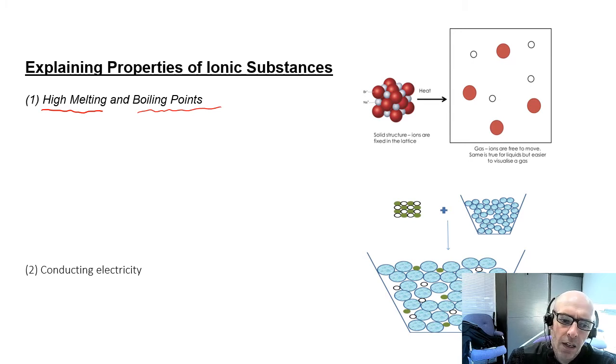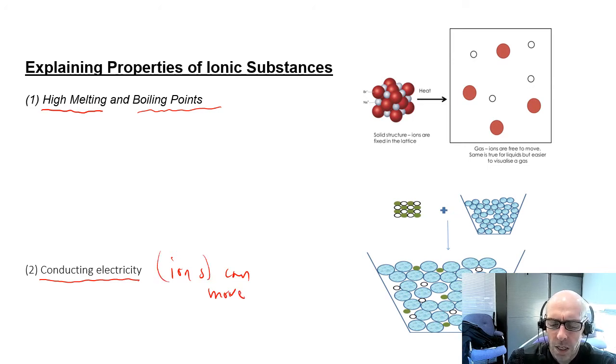And then if they're a liquid, the ions can move, and that means it can conduct electricity. So the ions can move when it's melted, so molten, or if it's soluble, when it's dissolved in water.